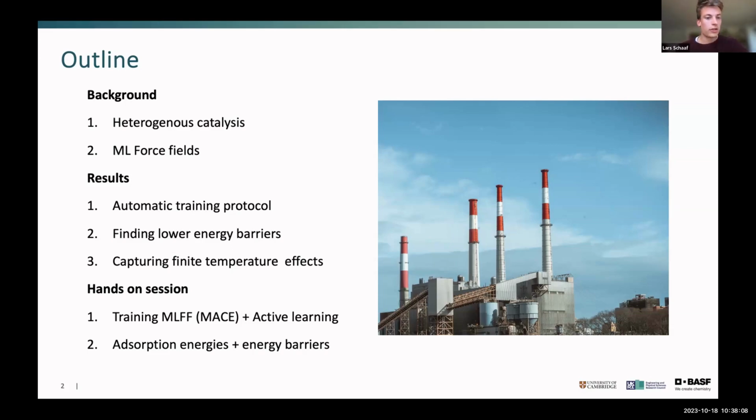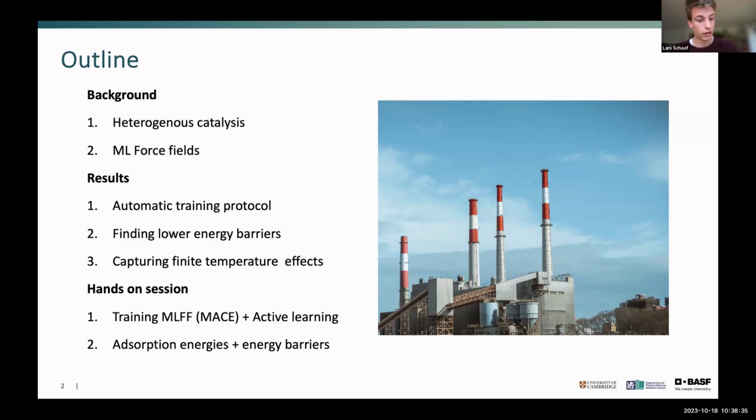And then I'll move on to show some of the results that we developed when investigating these systems with our tools. I'll mainly be talking about how using machine learned force fields has now become very transferable and also easy to adopt for the wider community because of automatic training protocols using active learning.